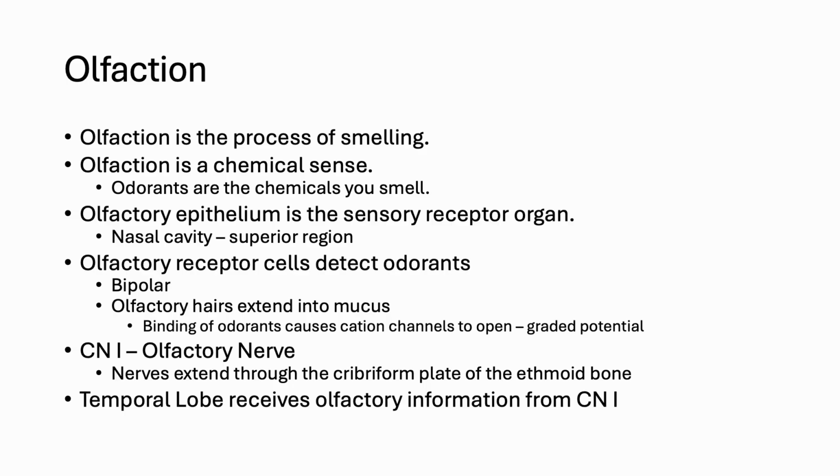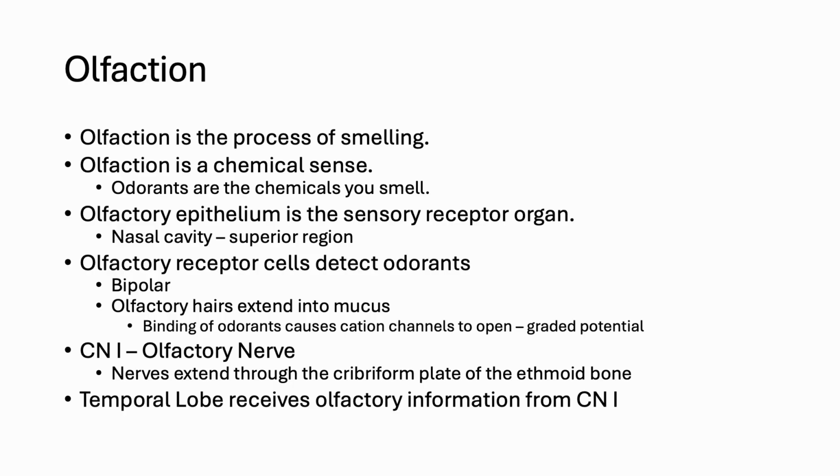When those channels are open, those positive ions flow in, which changes the polarization of the cell, and this starts the graded potential. If there's enough, it can lead to an action potential that will travel through the olfactory nerve, or cranial nerve 1, to the brain.